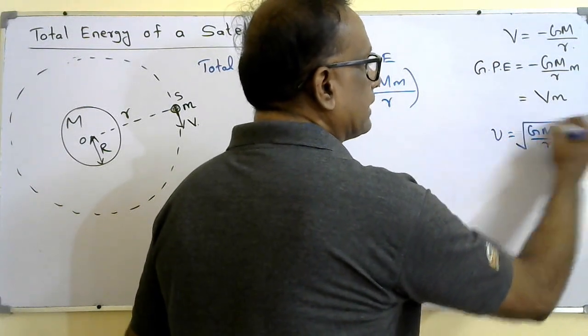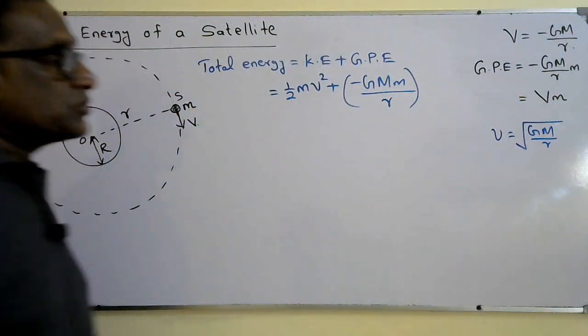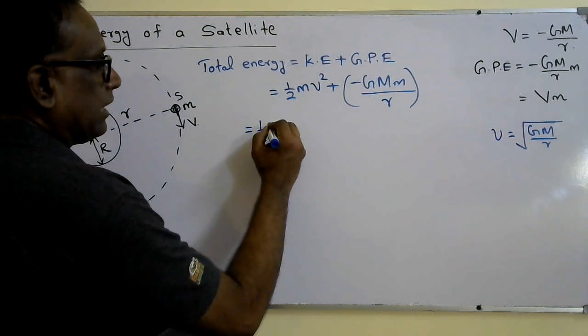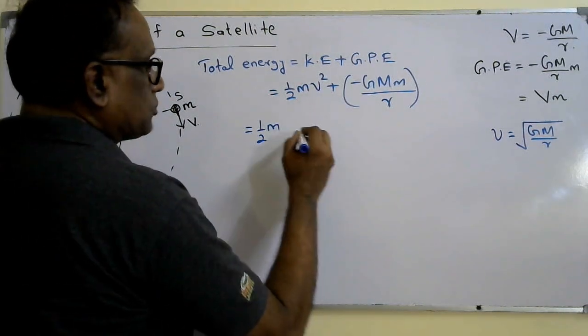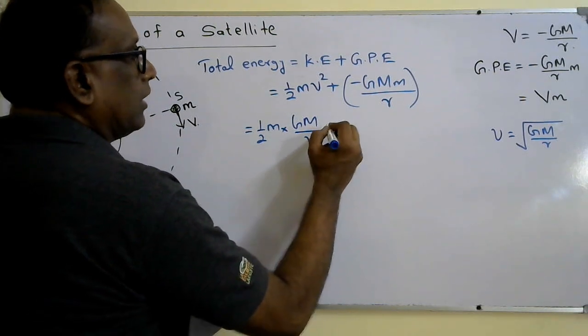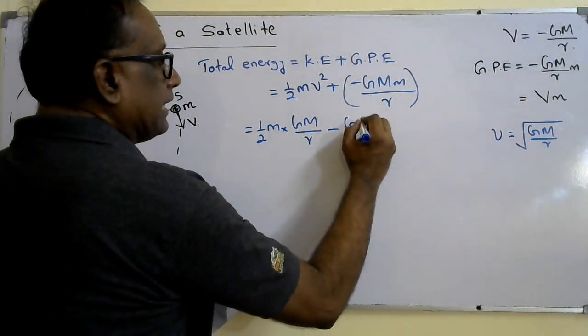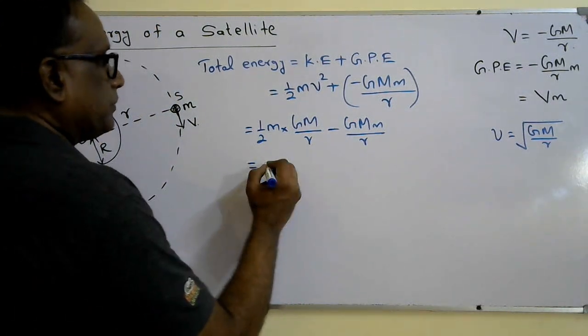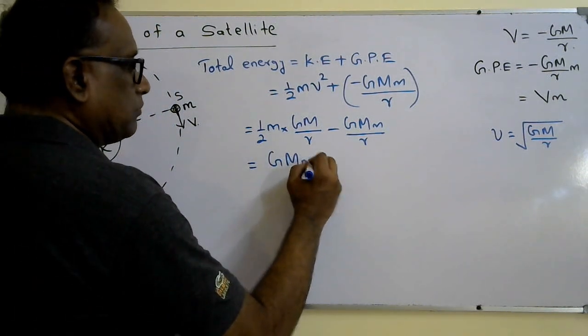So instead of v squared, we'll substitute this one. It's going to be half m times GM over r, minus GMm over r. So that means it's going to be GMm over 2r minus GMm over r.